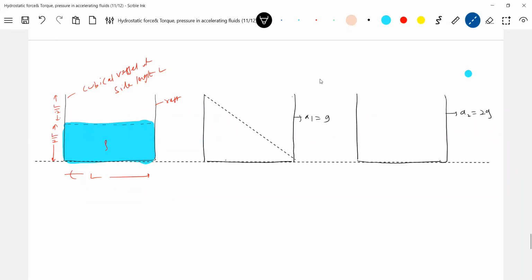Now what will happen in the third case? Here the liquid will not fill up. Am I right? In the second case, it just touches the rear upper edge.